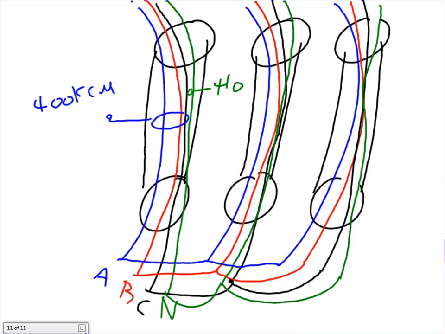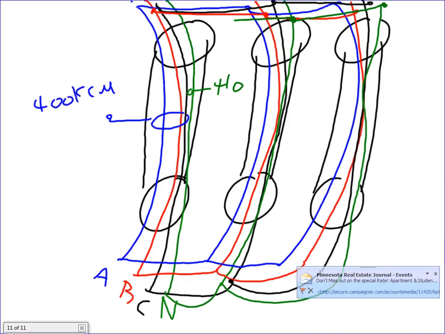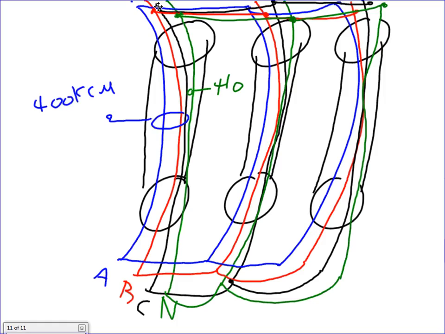There's my neutral, these together, and my black, making a mess here, huh? And my phase, there you go, and the last one is my neutral. That's what paralleling is. You can see that all the phase A conductors are tied together, all phase B conductors tied together, all phase C conductors tied together, and the neutral conductors are tied together. That's what paralleling means.